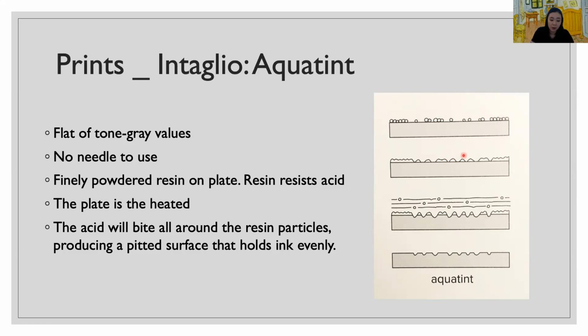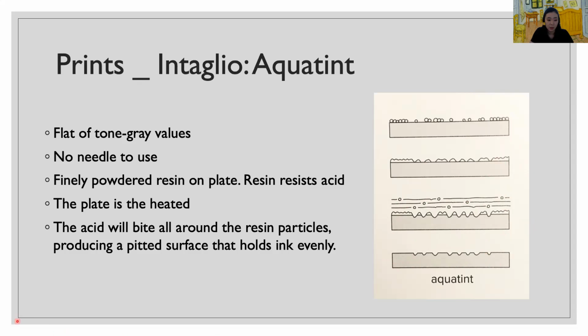And the artist blocks non-printing areas with the brush and dips the entire plate into an acid bath. And the ground is removed and the plate is inked and printed.